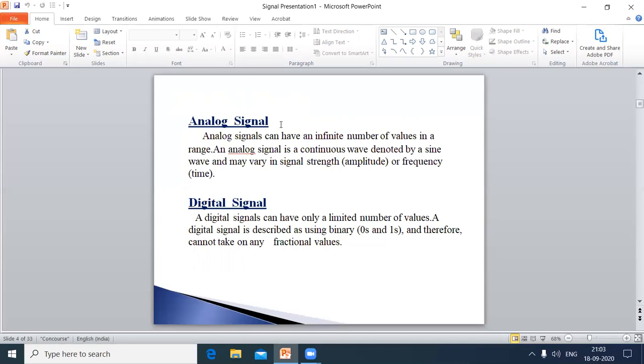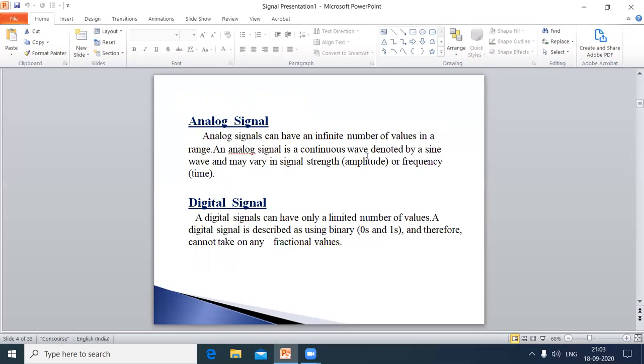As the wave moves from value A to value B, it passes through and includes an infinite number of values along its path. It means an analog signal is a continuous wave.